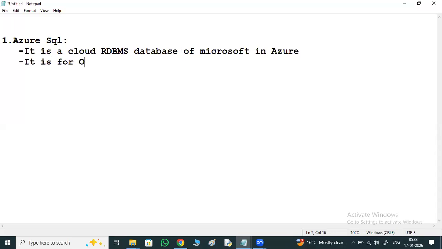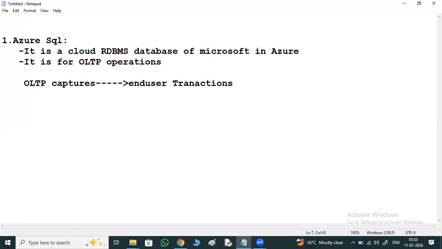OLTP captures end user transactions. It is for OLTP. It is not for data warehouse.